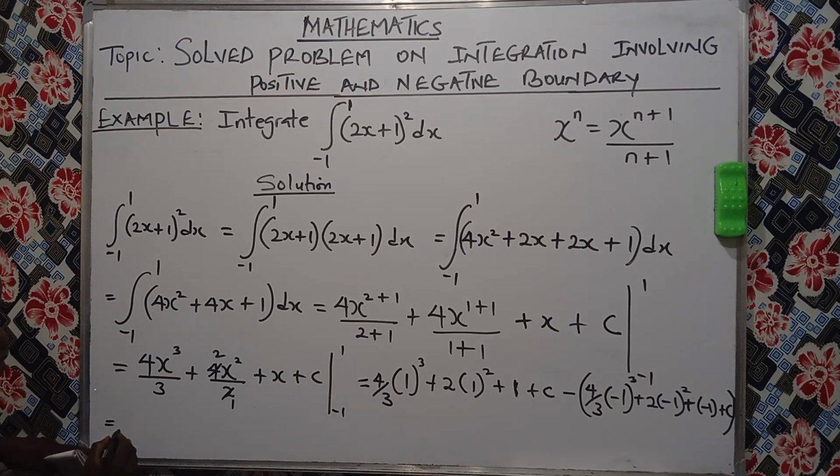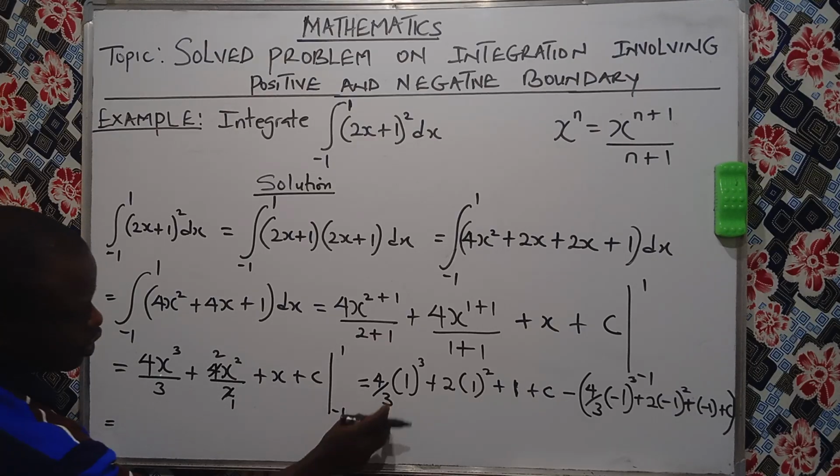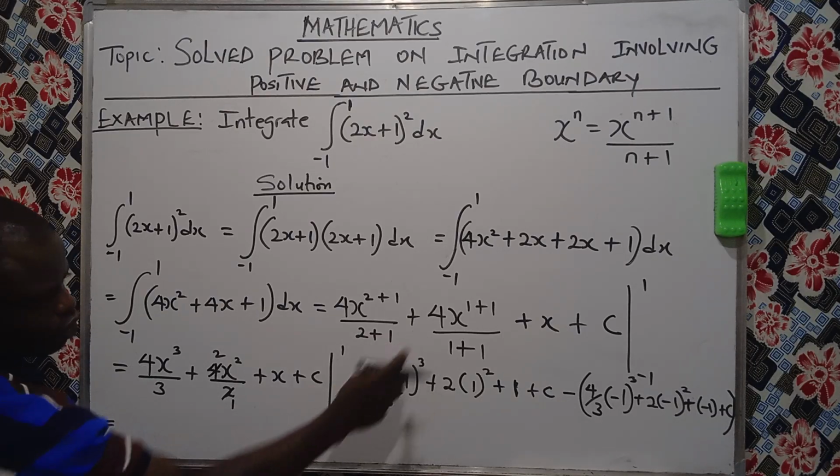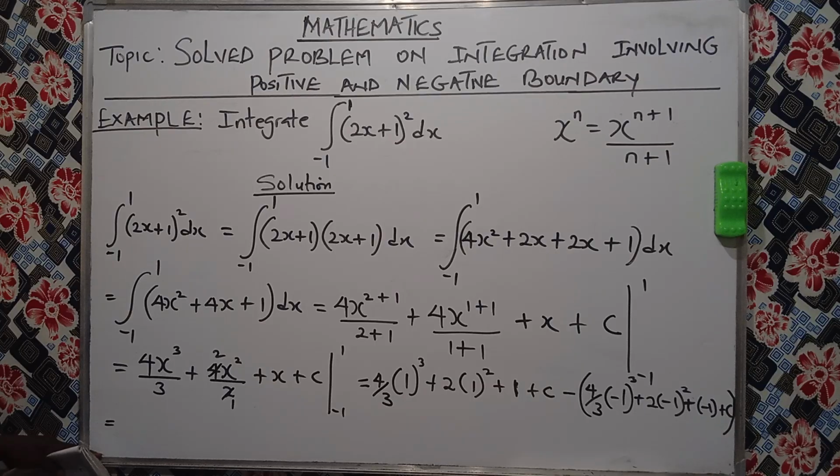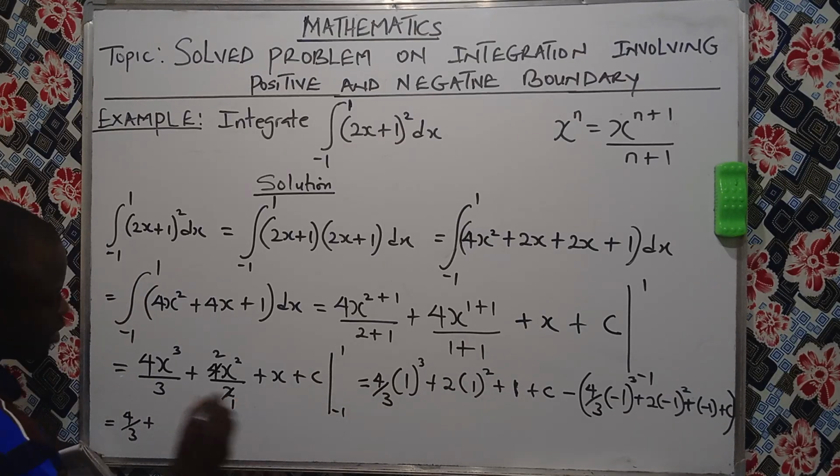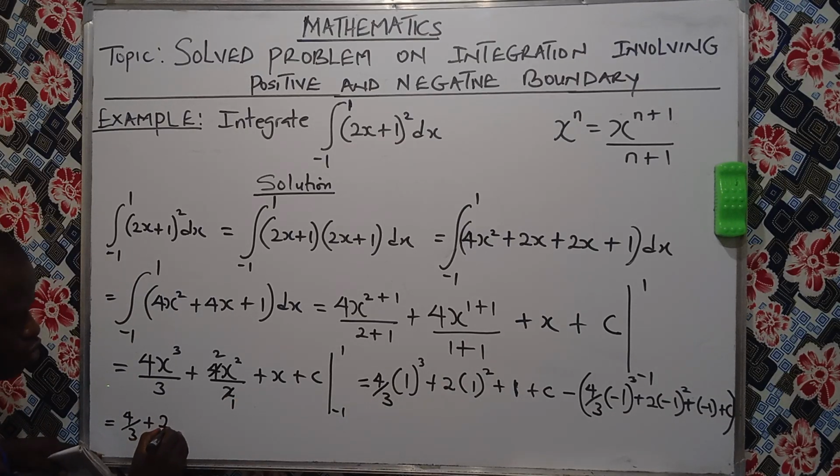You now have 4 over 3 times 1 cubed. 1 cubed is the same thing as 1, as is 1 raised to power 3. That's 4 over 3 plus 1 squared, which is 1, times 2, that's 2, plus 1, plus c.